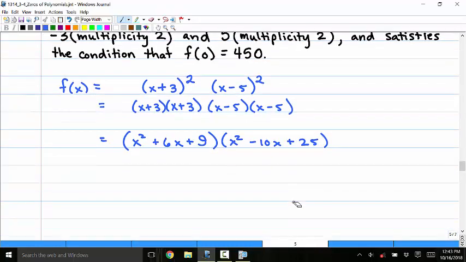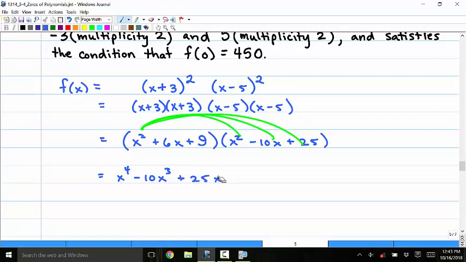Now you're going to have to do that FOIL thing again. I'm going to multiply the x squared by all three things. And I get x to the 4th minus 10x cubed plus 25x squared. Now I'm going to multiply the 6x by all three things. And I get 6x cubed minus 60x squared plus, what is that, 150x?